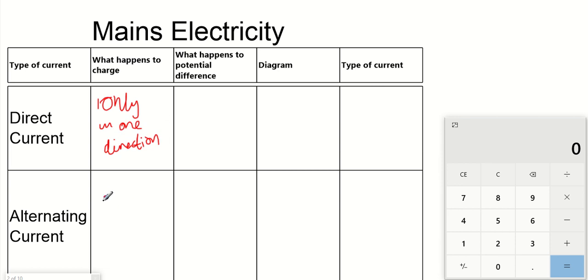Alternating current changes direction. What happens to potential difference? In direct current, this stays constant.